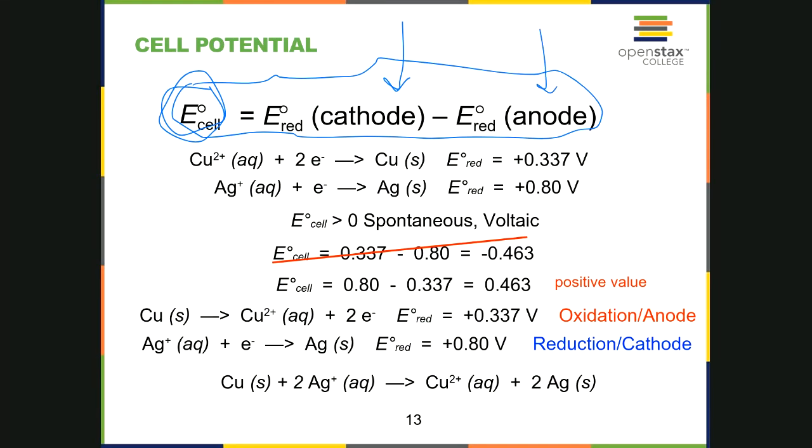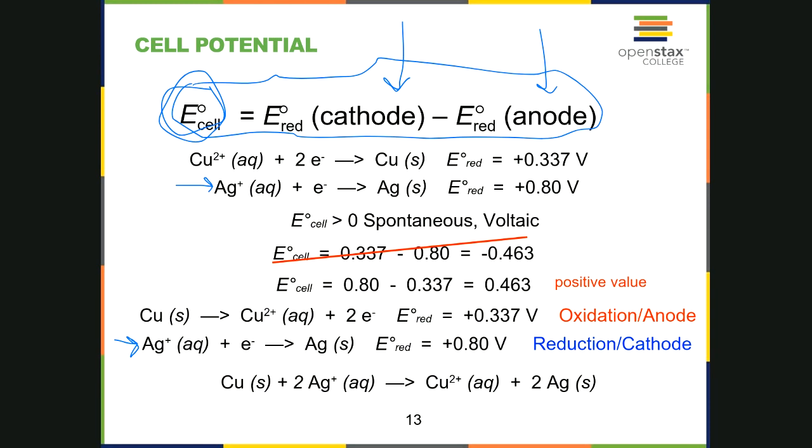And then once we know what is the cathode and what is the anode, we can take whatever is the cathode and leave it as a reduction like you have down here. See, silver is the cathode. You leave it as a reduction reaction, just like it was originally written. Then the other reaction has to be the anode, so that is the copper one.